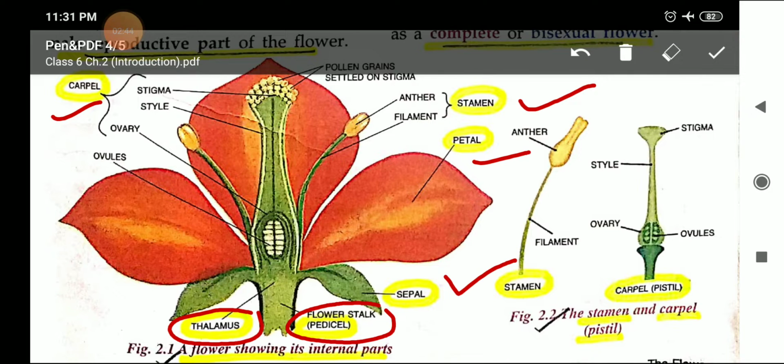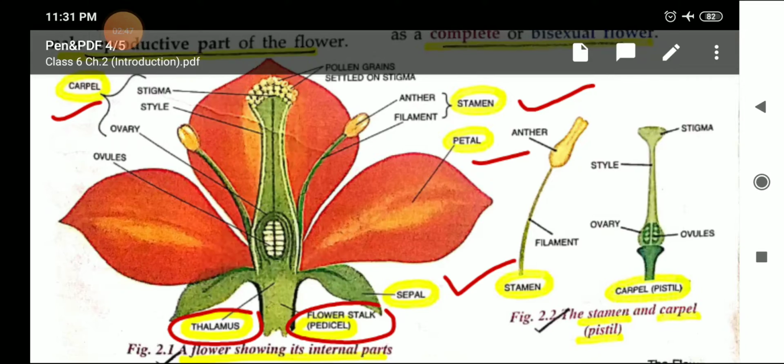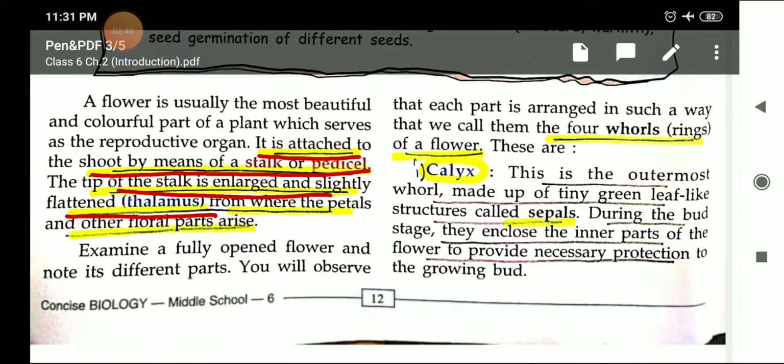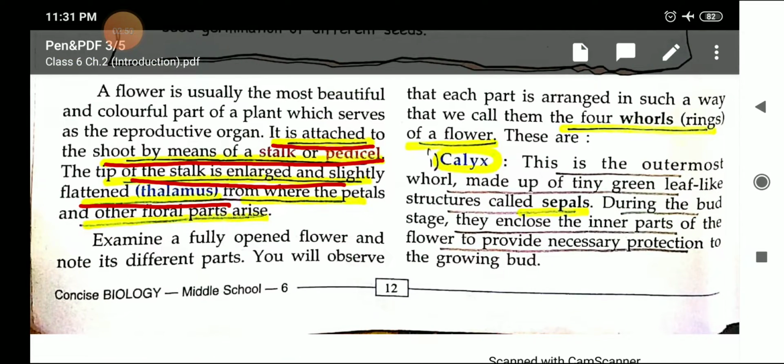Now let us discuss these parts one by one. First of all, the flower has four whorls, or you can say rings. The first one, the outermost, calyx. Second, corolla. Third, androecium. Fourth, gynoecium. I am going to discuss one by one.